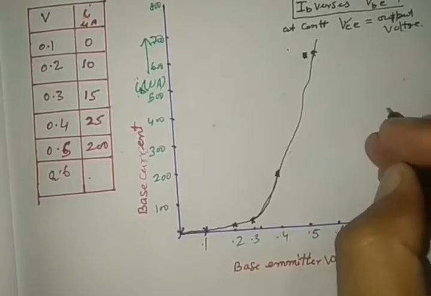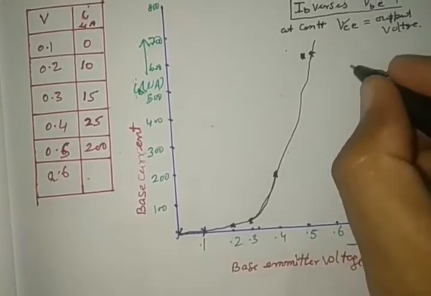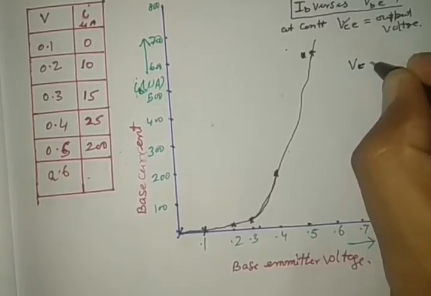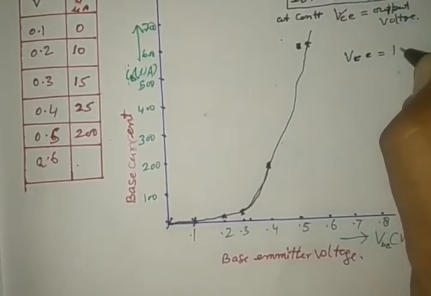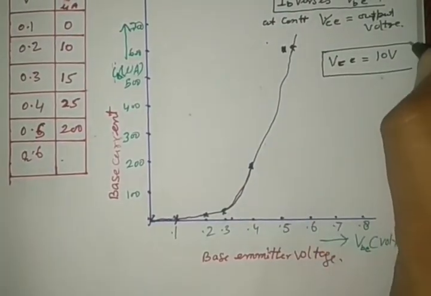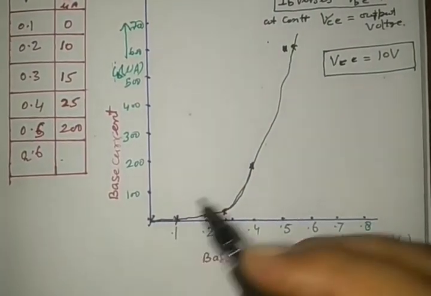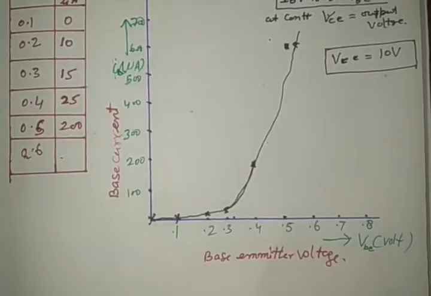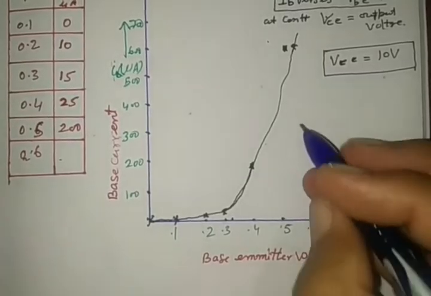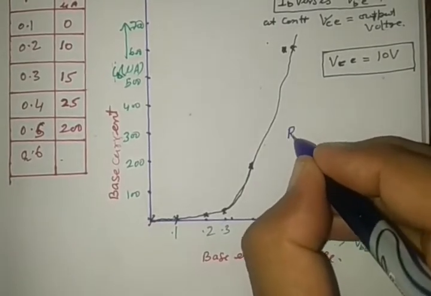It is at constant output voltage. Normally this diagram is obtained when we keep the output voltage constant at somewhere around 10 volt. Here this characteristic curve is obtained, right?